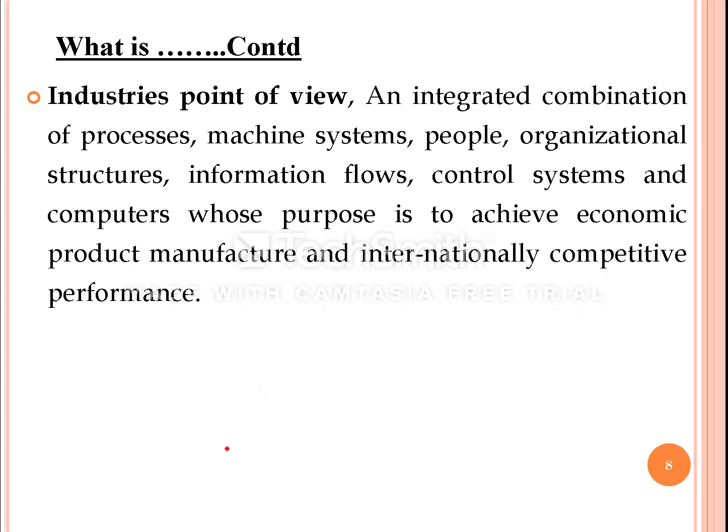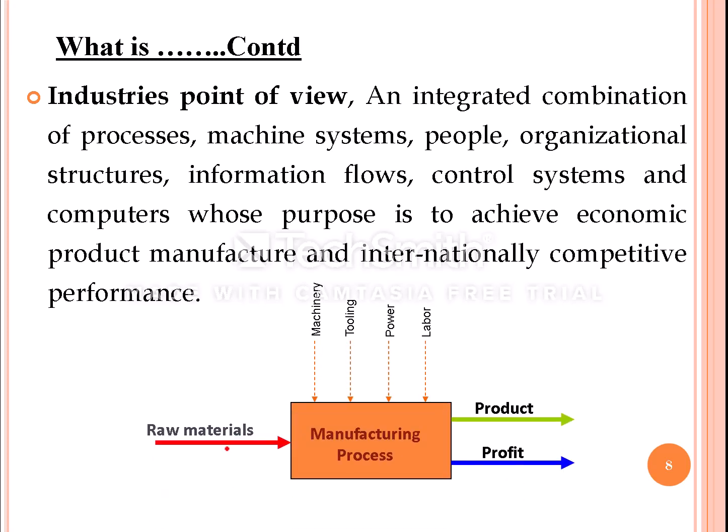From the industry's point of view, manufacturing is an integrated combination of processes, machine systems, people, organization structure, information flow, control systems, and computers whose purpose is to achieve economic product manufacture with internationally competitive performance. So rather than the economic or technological aspect, we use a combination of processes, machinery systems, and people and organization structure.